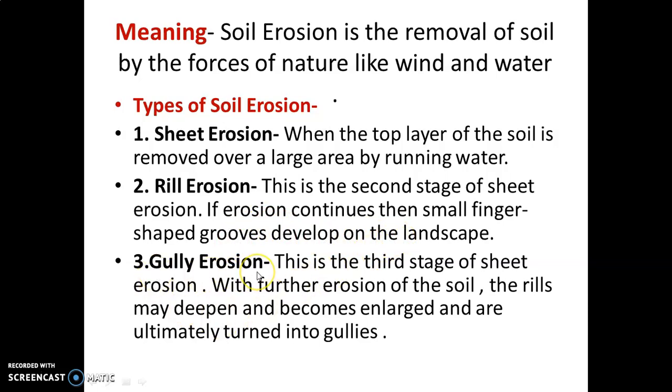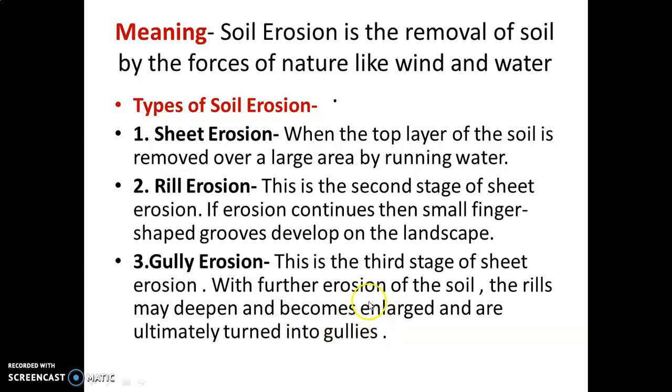Third is gully erosion. Before going to explain gully erosion, I want to tell one thing. Rill erosion and gully erosion are connected with each other. Now, in gully erosion, if rainfall continues for a longer period of time, then rills, means very small pits or depressions, will become more deepened and more enlarged.